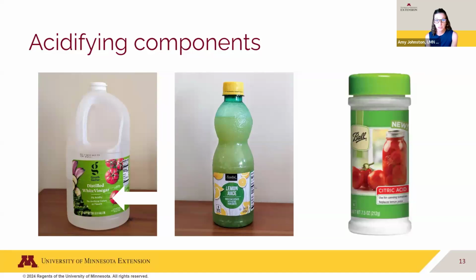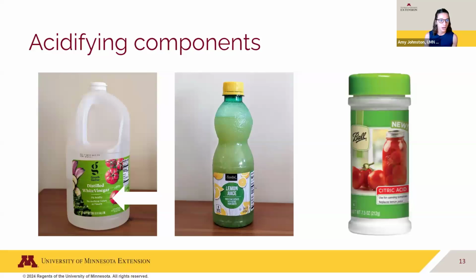But lemon juice, especially the bottled lemon juice, has a pH of 2.0 to 2.6, so even more acidic. So really good at acidifying low acid foods. And then citric acid, when made into a solution following the manufacturer's instructions, will have a pH of about 3.2. So again, all of those are well below that 4.6 benchmark.